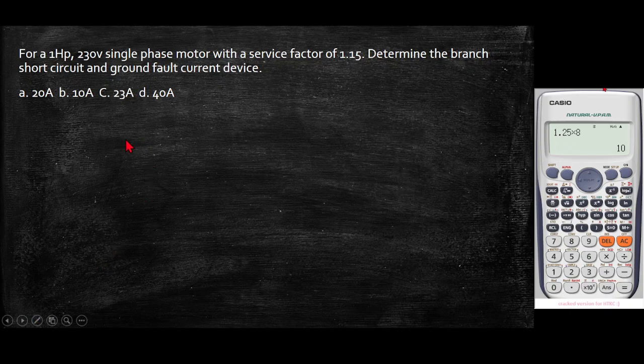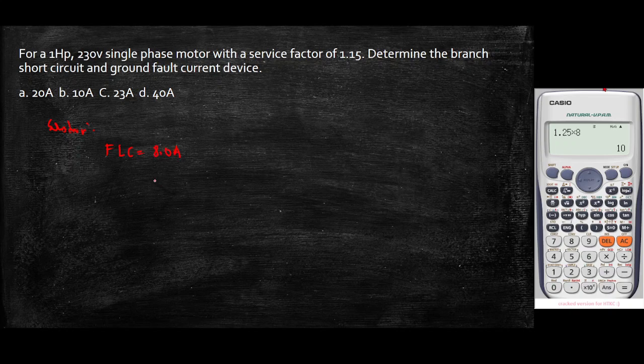Okay, next we have a 1 horsepower 230 single phase motor with a service factor 1.15, so we need to determine the branch circuit and the ground fault current device. So hinahanap dito is yung size ng breaker. Okay, solution. So for this one, we need to find first the FLC. So katulad kanina, the FLC or the full load current is 8.0 amperes.